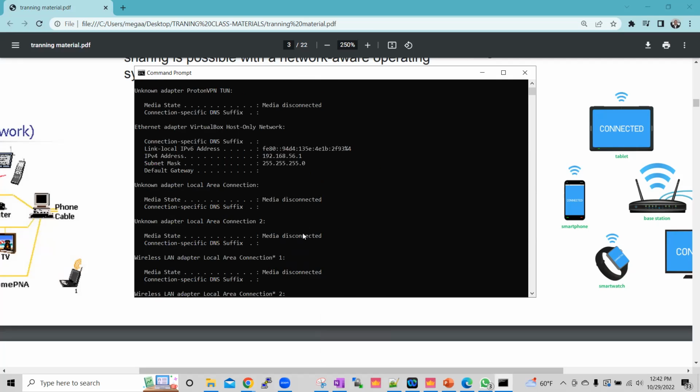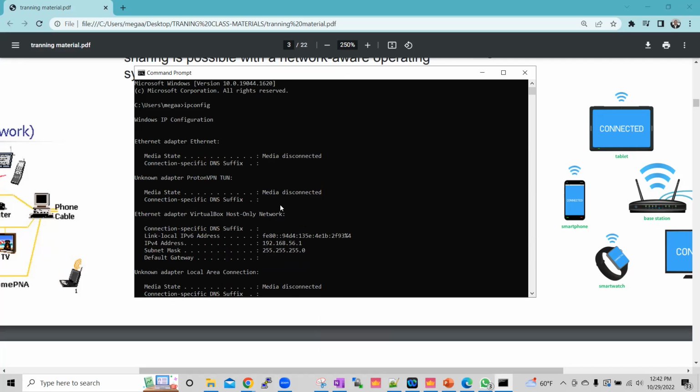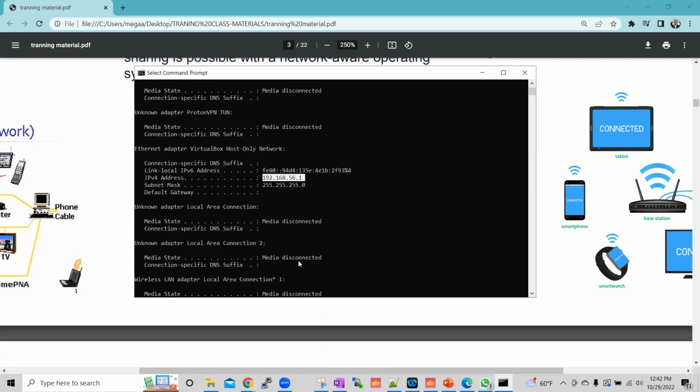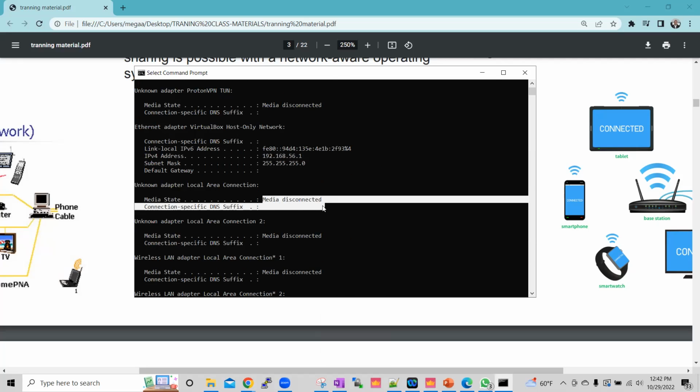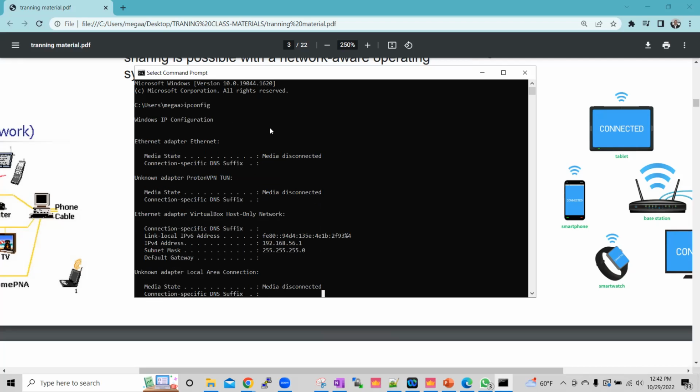Some of us understand this, some may not, but you see something like an IP address, something like a MAC address. It is like that everywhere you go when it comes to Windows computers. This is a Windows operating system.